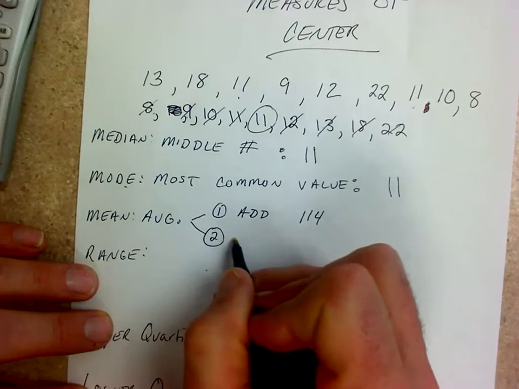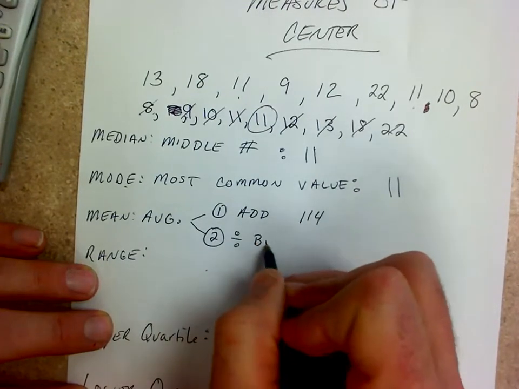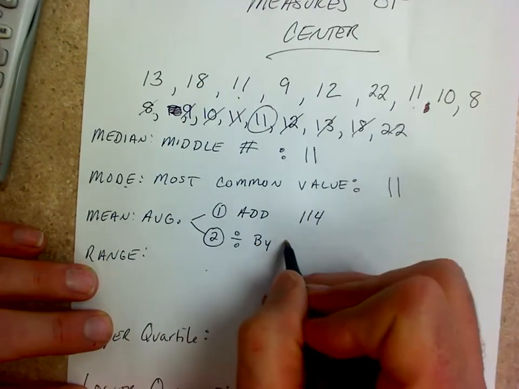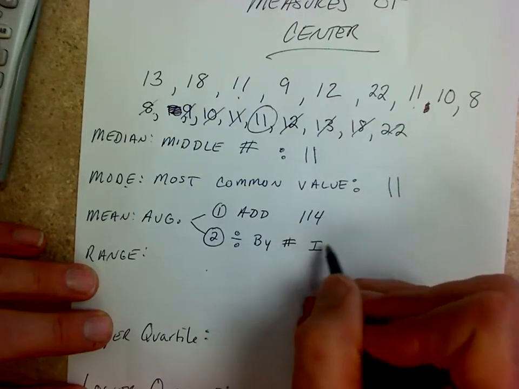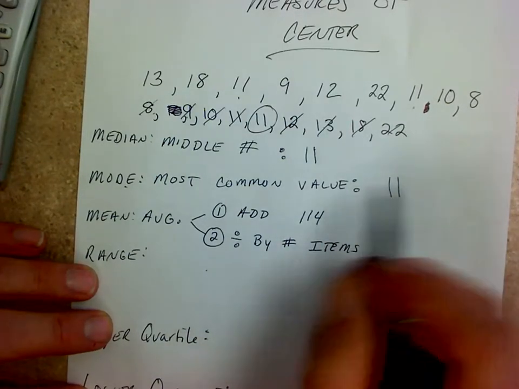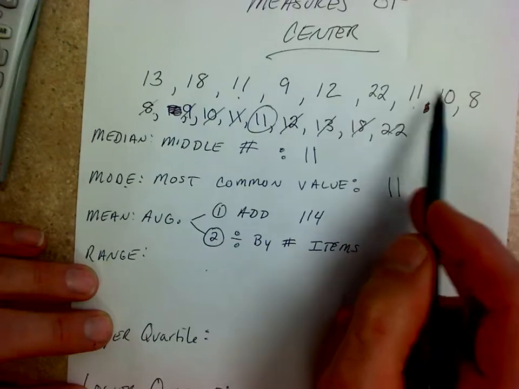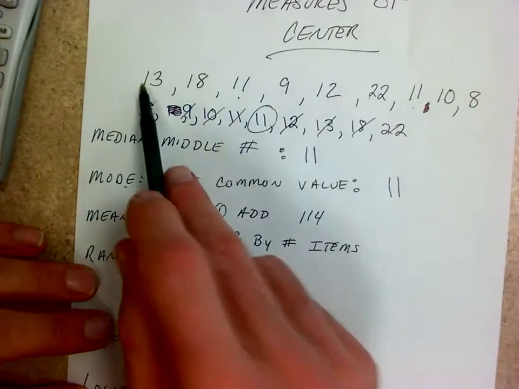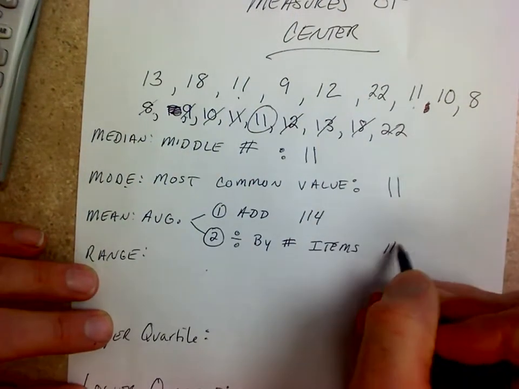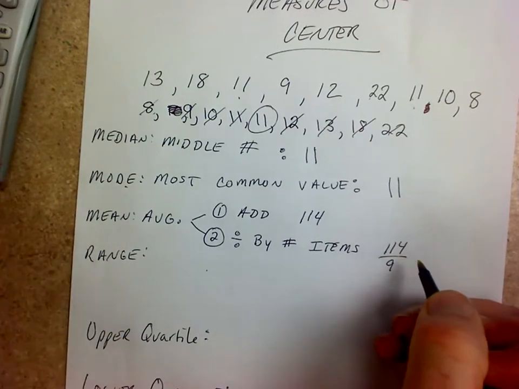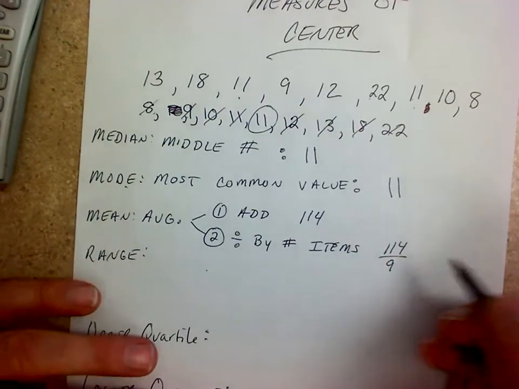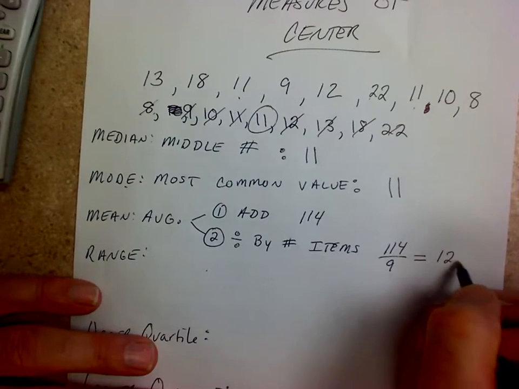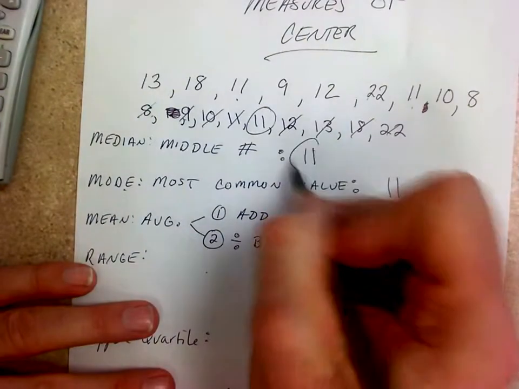Step number 2, we're going to divide by the number of items. In this case, 1, 2, 3, 4, 5, 6, 7, 8, 9 values. So we want to do 114 divided by 9. We end up with 12.6 repeating.